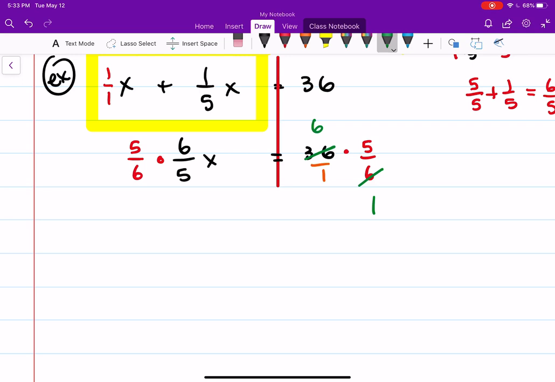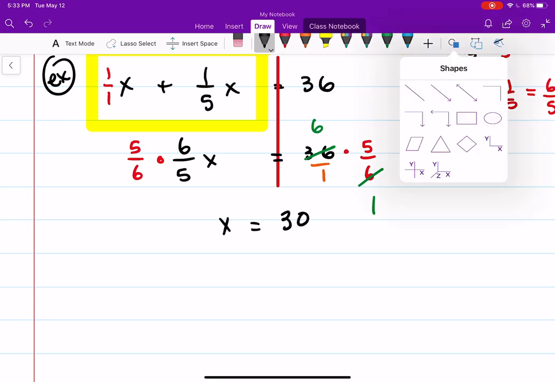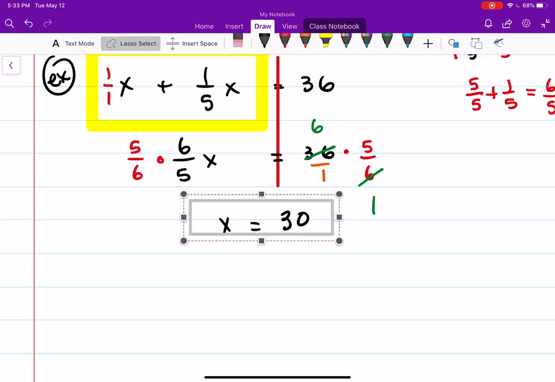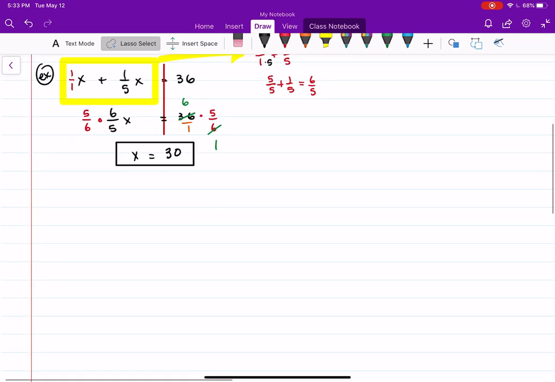The top is 6 times 5. So that means I have x is equal to 30. Okay. And there goes my answer. Not too shabby.